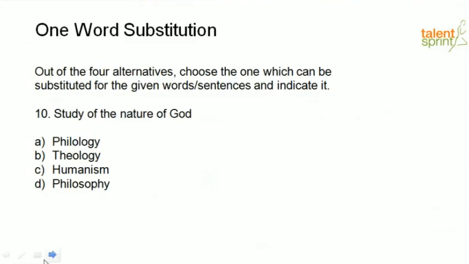The study of nature, causes, or the principle of reality. It could be knowledge, values, basically based on logical reasoning. So philosophy, we know. Humanism, again, has something to do with human values, focusing on humans and their values, what they are capable of, what is their worth. That's humanism.